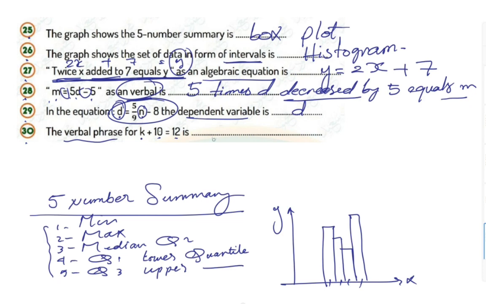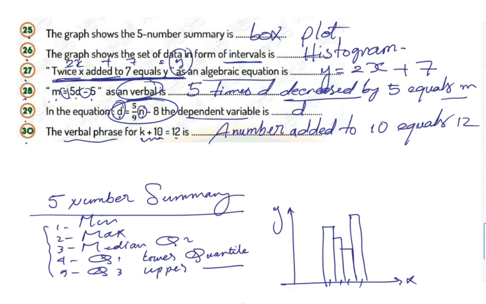I can write it as the sum of a number and 10 equals 12. A number may be k, x, y, any number, added to 10 equals 12. Now we have finished the complete question.